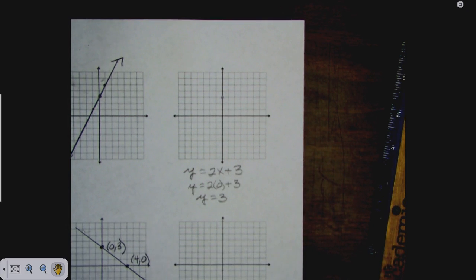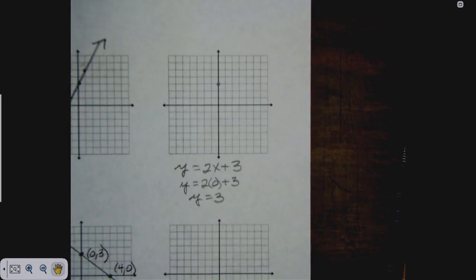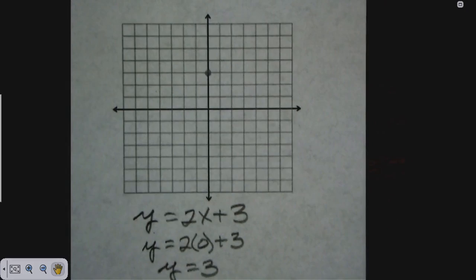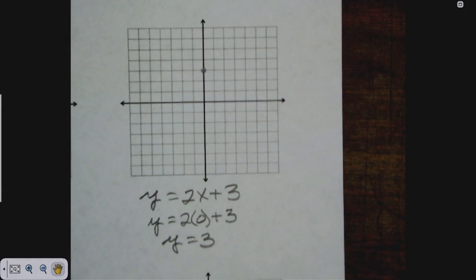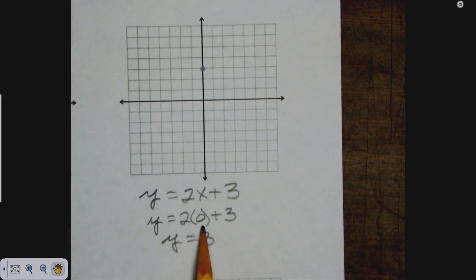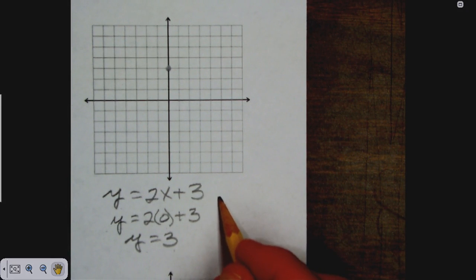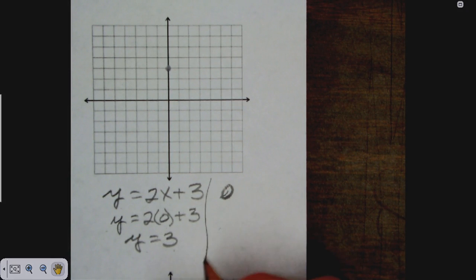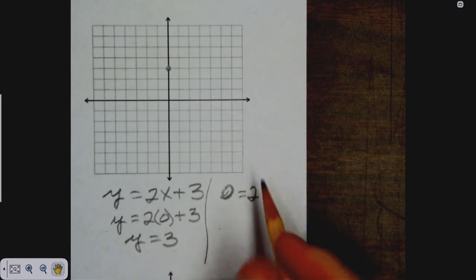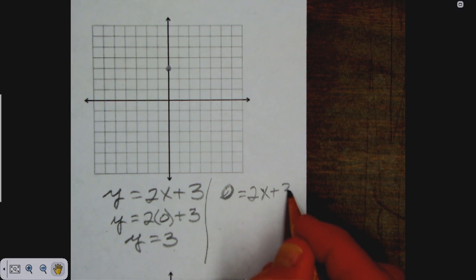Okay, so I'm going to zoom in on that a little bit. And I'm going to correct myself just to make sure everybody is aware of that. When I set x to 0, I end up getting y is equal to 3, and y is equal to 3 is my y-intercept. Now to find my x-intercept, I'm going to set y to 0. So I get 0 is equal to 2x plus 3.